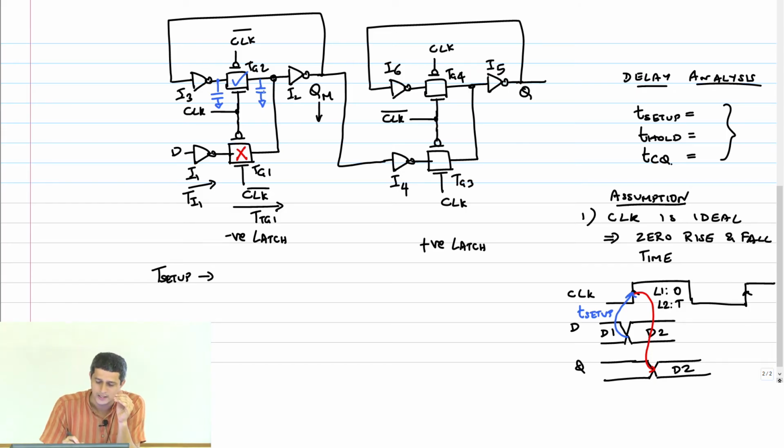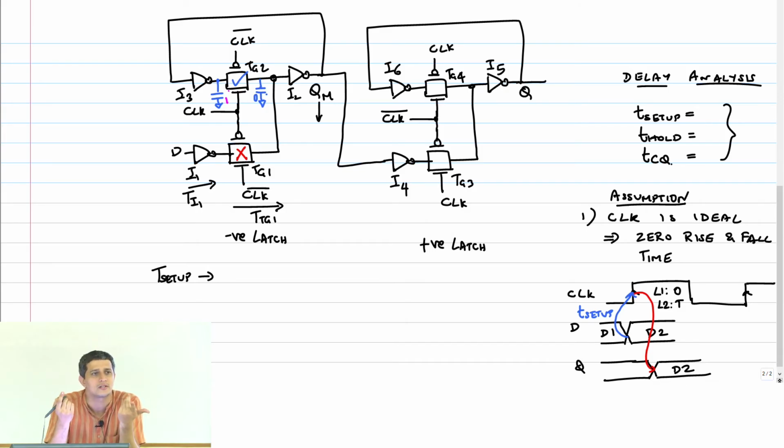For example, if this stored a 0, theoretically, and this stored a 1, then when my transmission gate TG2 turns on just after the positive edge, this 1 and 0 will charge share. And now there is going to be a fight between this 1 and 0. So if this guy is 1, how is he being held at 1?